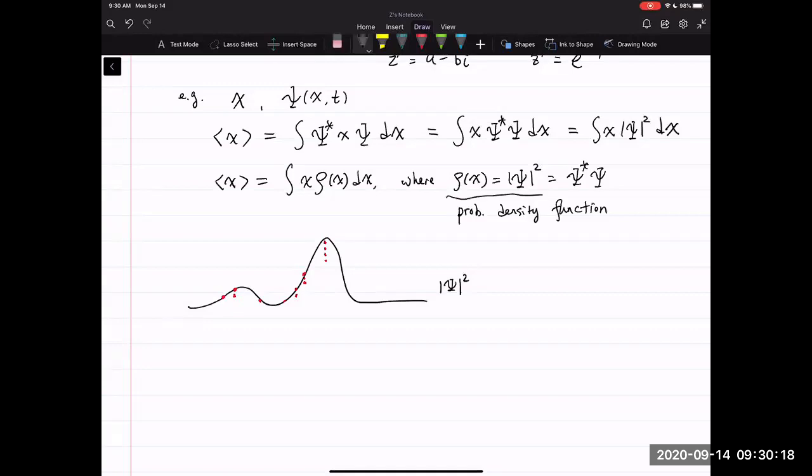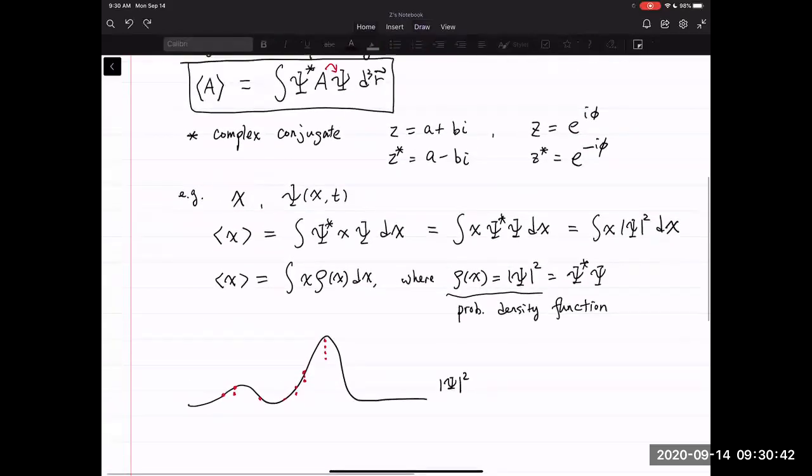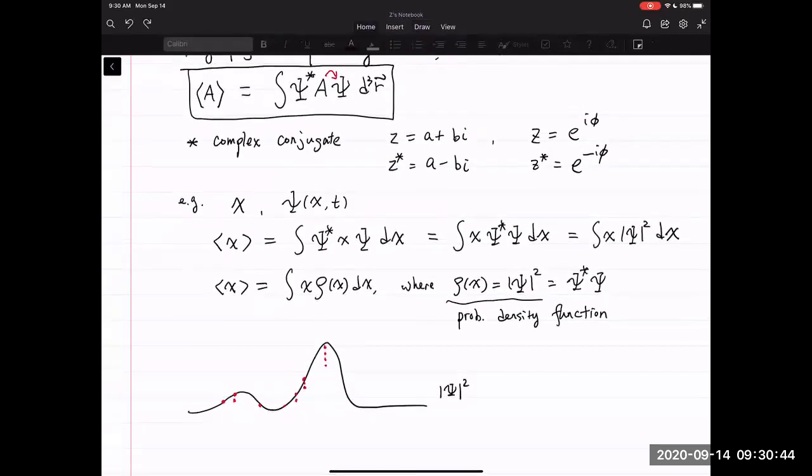In other words, quantum mechanics is non-deterministic. The wave function itself doesn't mean anything, but the wave function squared tells us the probability of where we can find the particle. And this is essentially what Born's rule tells us.